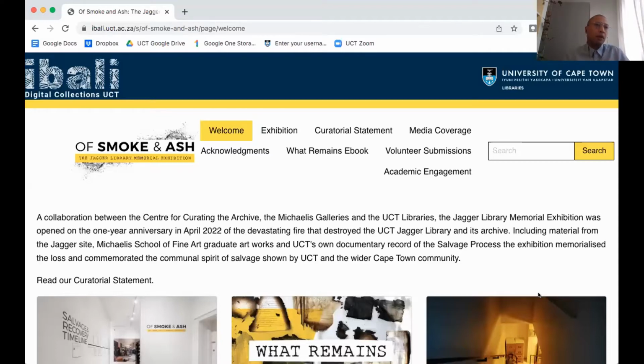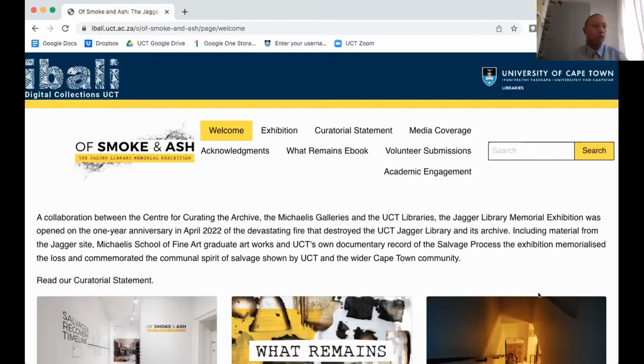And for a period of weeks, members of the public and the UCT community, including staff and students, were involved in the physical labor of removing this material from the basement stores, moving it through emergency conservation, or immediately transporting it off-site for re-archiving.